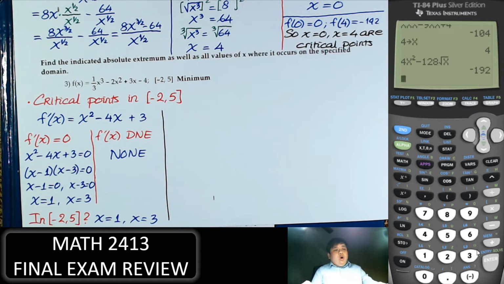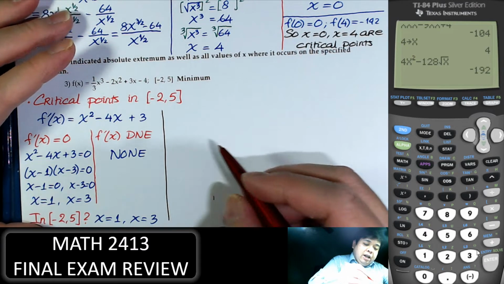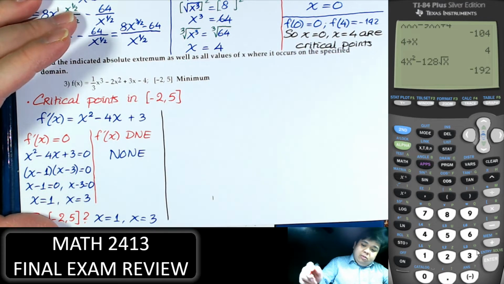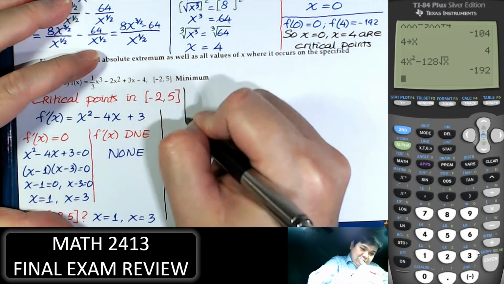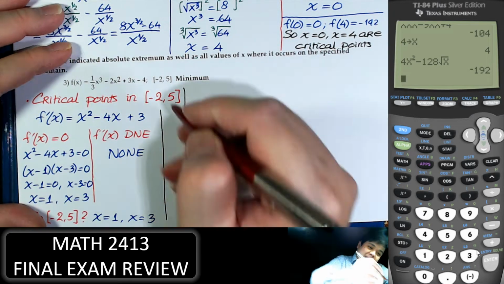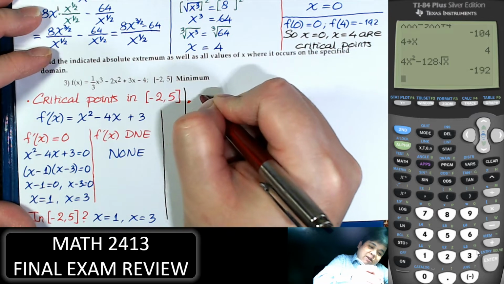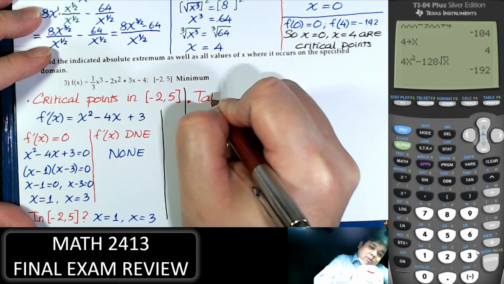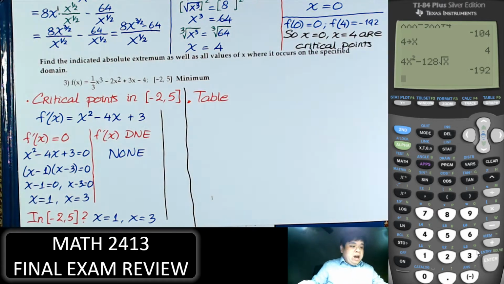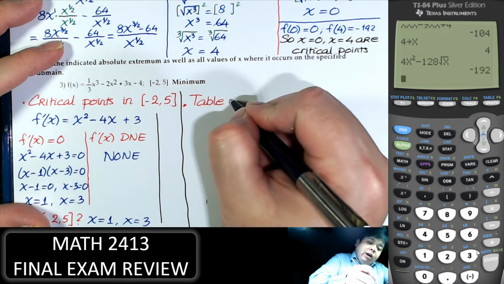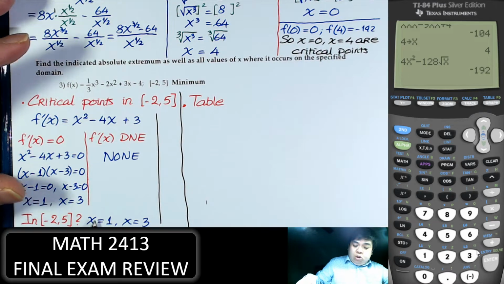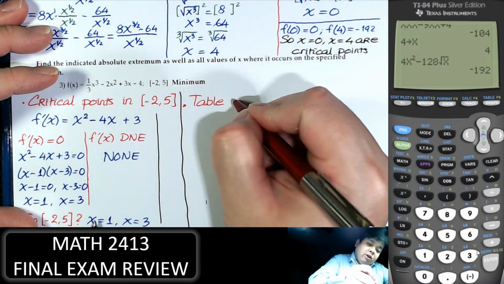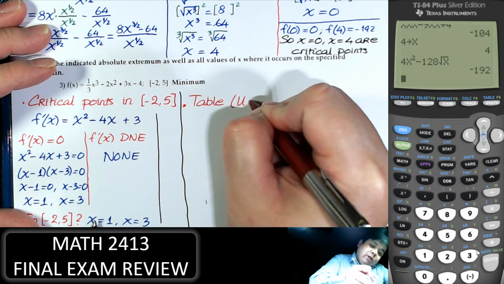Now, put all of that together in the table. That is the first step. The second step is just put everything in the table. And since we are asked for the minimum values of the original function, we will use the table using the original function.